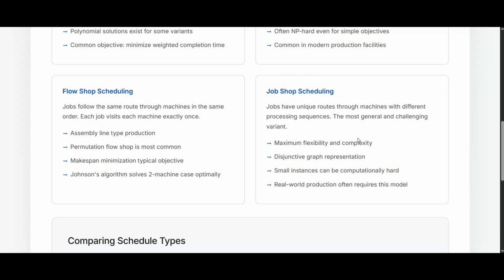To represent it, we often use what's called a disjunctive graph, as you can see here, where nodes represent operations and edges represent machine constraints or sequencing. Even small cases can be computationally difficult, but in the real world, this is often the most realistic model for production systems.